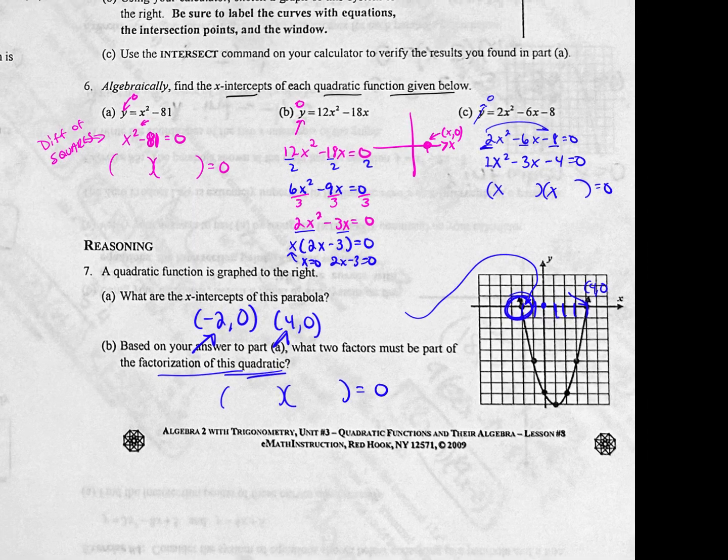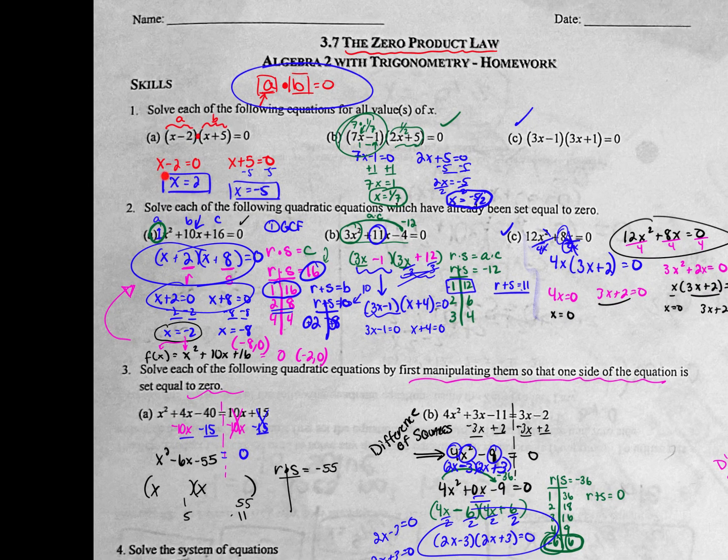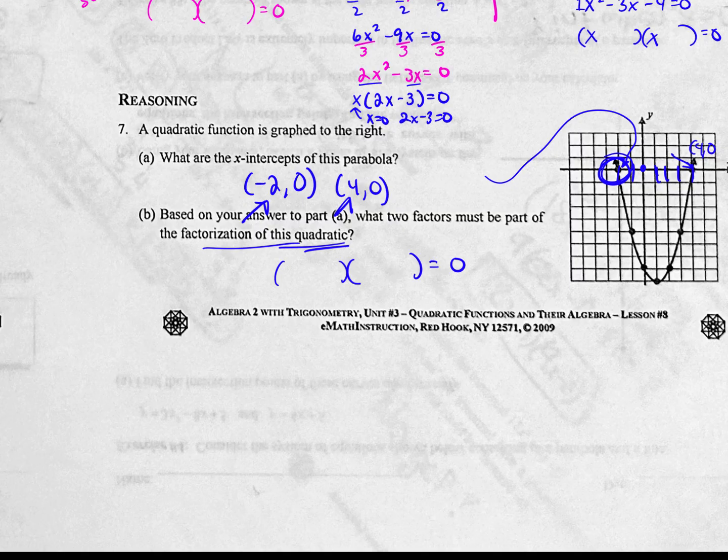Now, if you've been watching these at all, let's jump up here and you'll see. Notice when this is x minus 2, I get a positive 2. When this is x plus 5, I get a negative 5. And so we could actually work these problems a little bit backwards, and we can figure out exactly what the factors were.